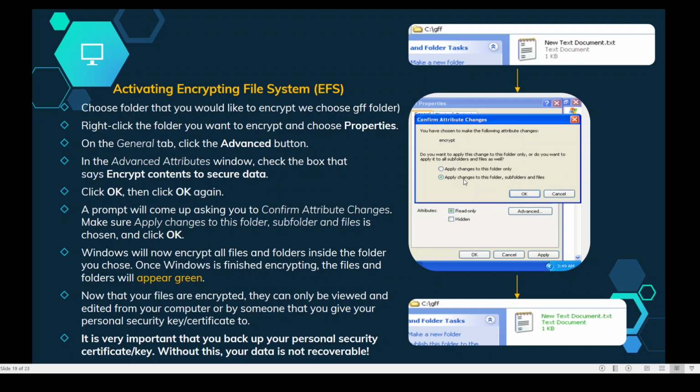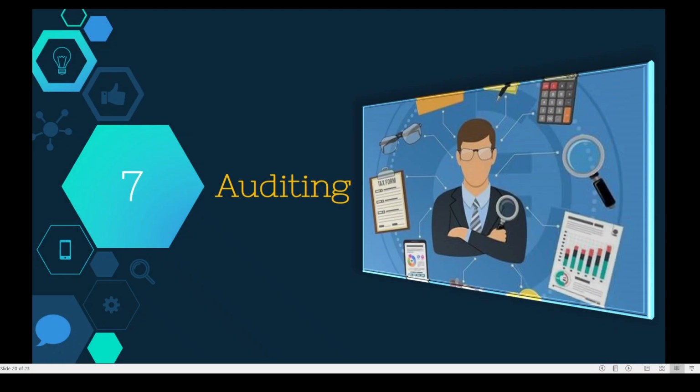After clicking on apply changes to this folder, subfolder and files, you click on OK, then you can see that it appears green. Now that your files are encrypted, they can also be viewed and edited from your computer that you give your personal security key. The important thing to take away from this is it is very important that you back up your personal security key. Otherwise, if it's lost, it's not recoverable.